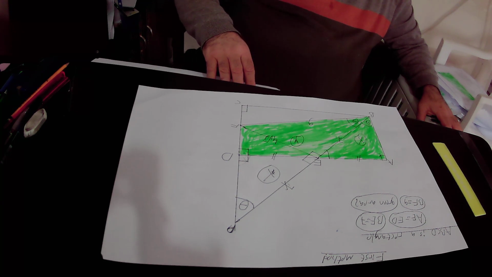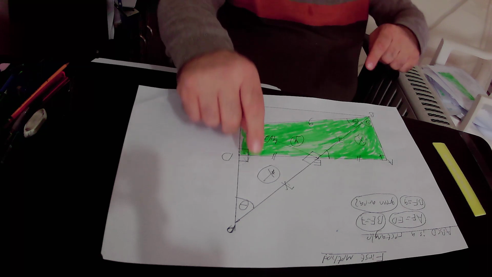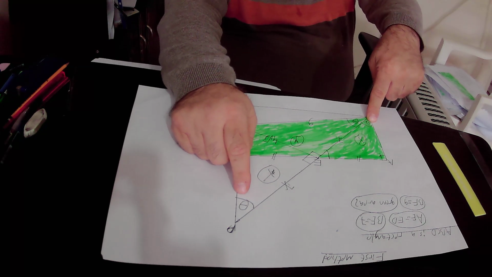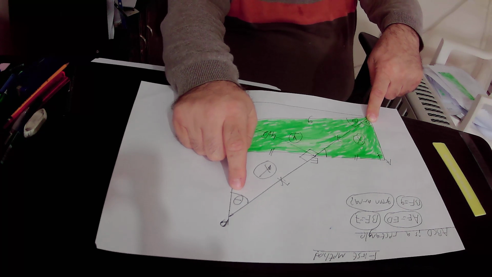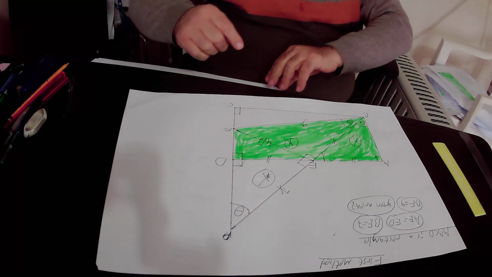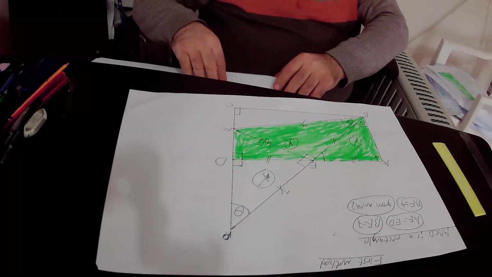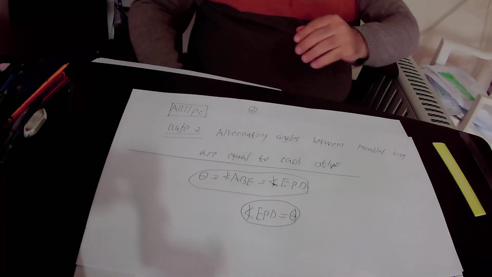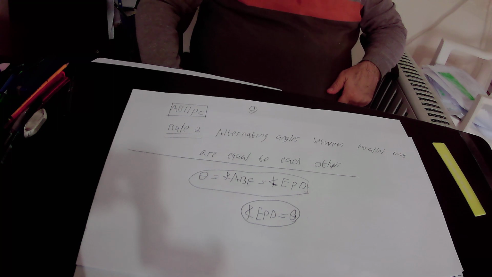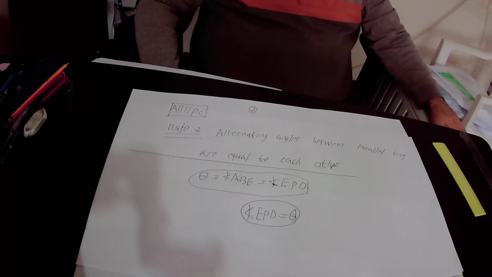And those two angles are defined as alternate angles, and according to rule number 2, they are equal to each other. Rule number 2 states that alternate angles between parallel lines are equal to each other.